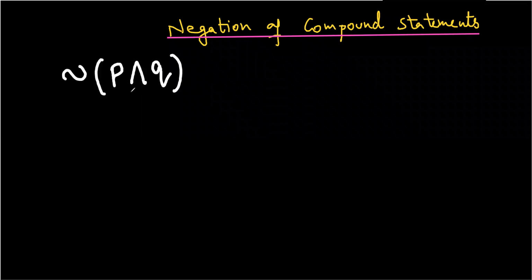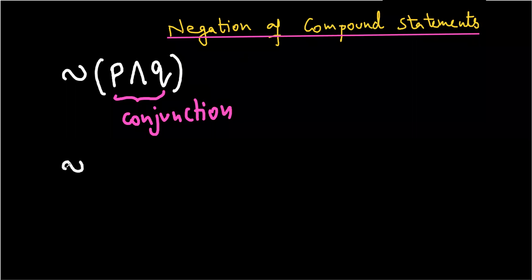P and Q is a compound statement. You understand that this is conjunction of two component statements. We are going to learn how to write negation of conjunction. We will also learn how to write negation of P or Q, that is how to write negation of disjunction.